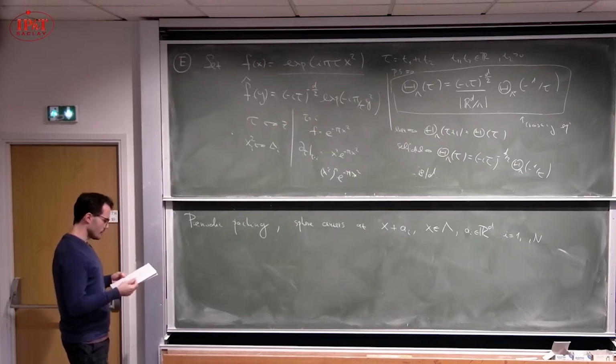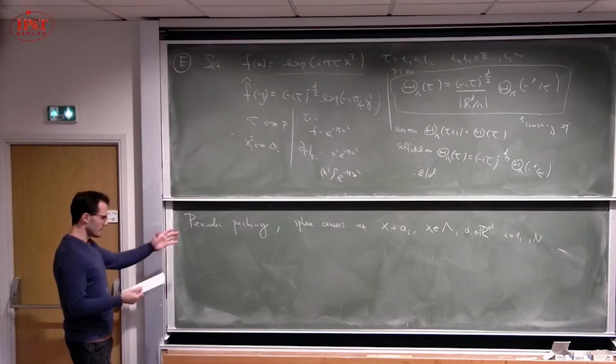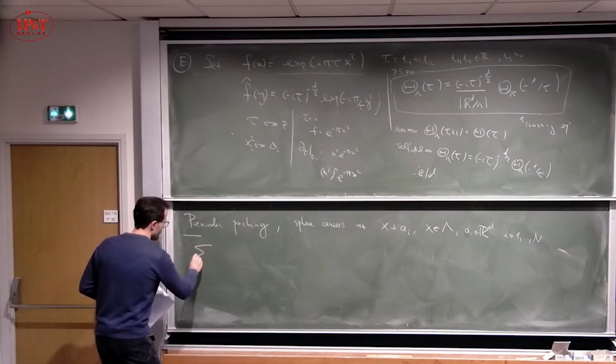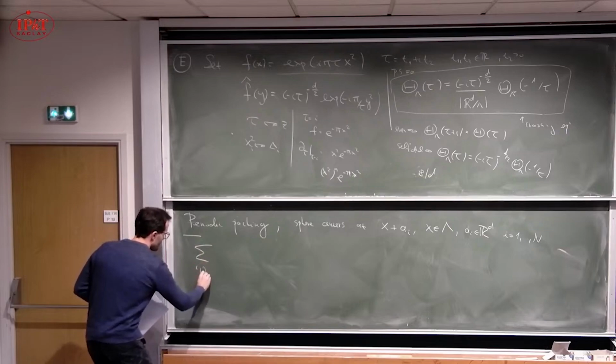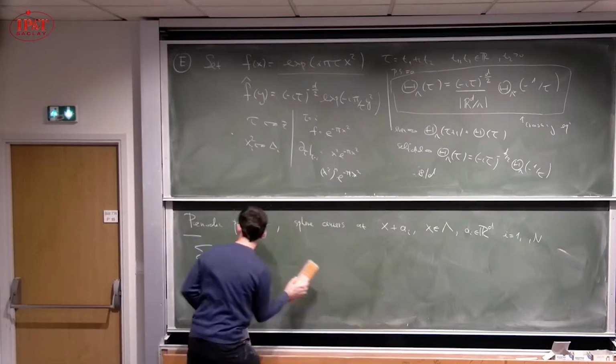Then we can write down the version of the Poisson summation formula, which still looks like a crossing equation for this situation. So what are we going to do? We are going to sum. Take a Schwartz function f.